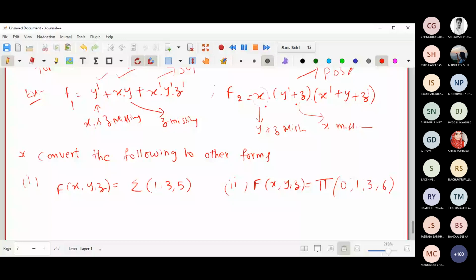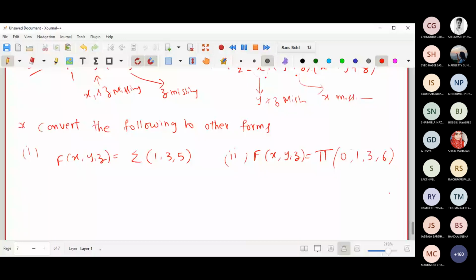So convert the following to other forms. Usually the given functions are in canonical form, because for the first one minterms are given, and for the second one maxterms are given, right?